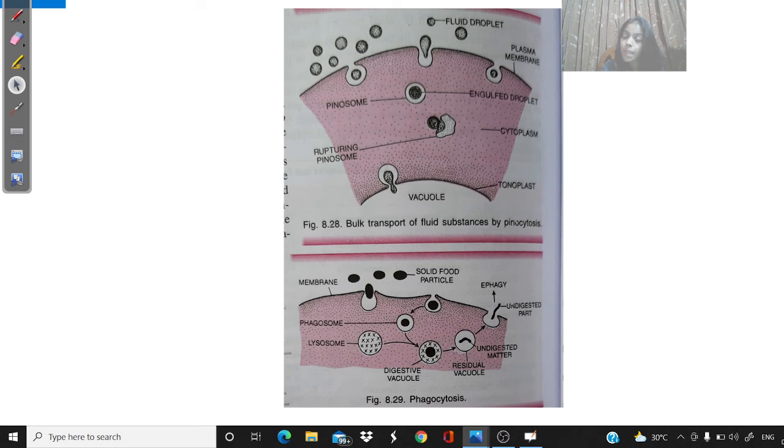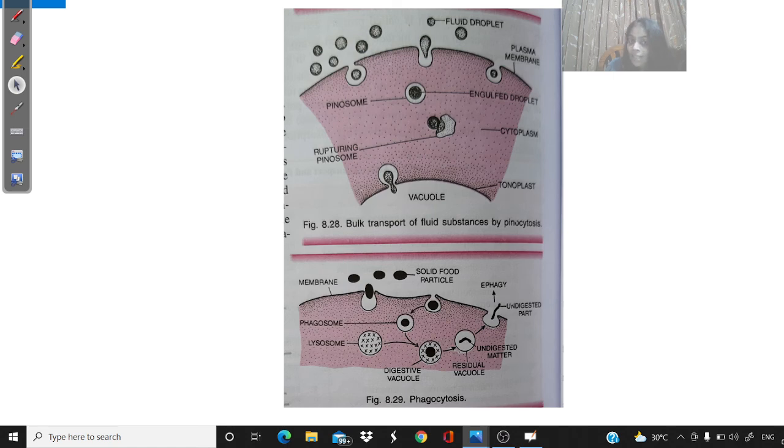Okay, got it? Now coming to this. Same thing happening except for the fact here it was a solid food particle and here it's a fluid droplet. And this is also called cell drinking. Since it's a solution coming inside the cell, it will be known as cell drinking. So the fluid droplet comes near the cell membrane, invaginates, then it forms a pinosome.